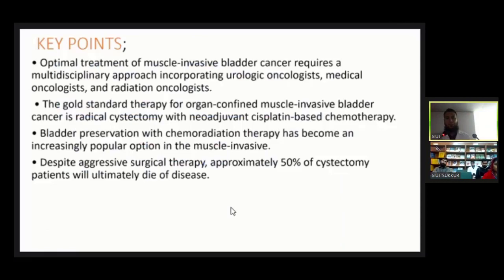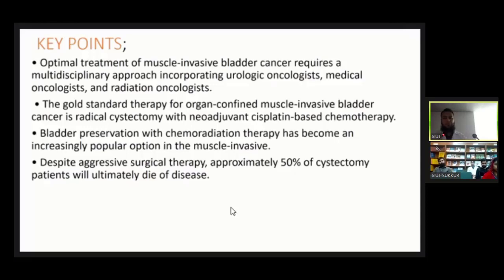So the key point of our presentation is that optimal treatment of muscle invasive bladder cancer requires a multidisciplinary approach involving the uro-oncologist, medical oncologist, and radiation oncologist. The gold standard for muscle invasive bladder cancer is still radical cystectomy with neoadjuvant cisplatin-based chemotherapy, and bladder preservation with chemoradiation therapy has become an increasingly popular option.